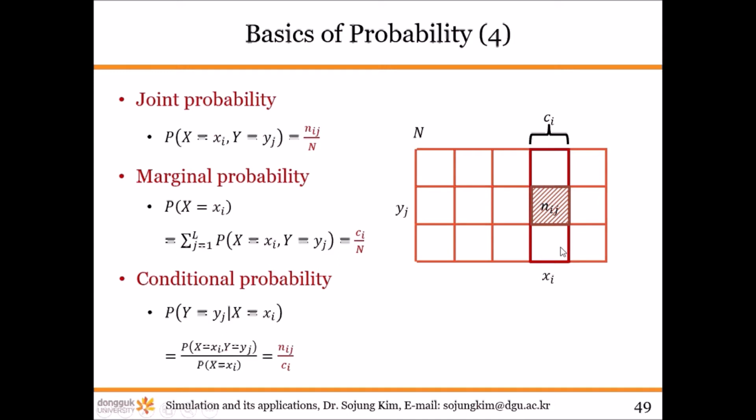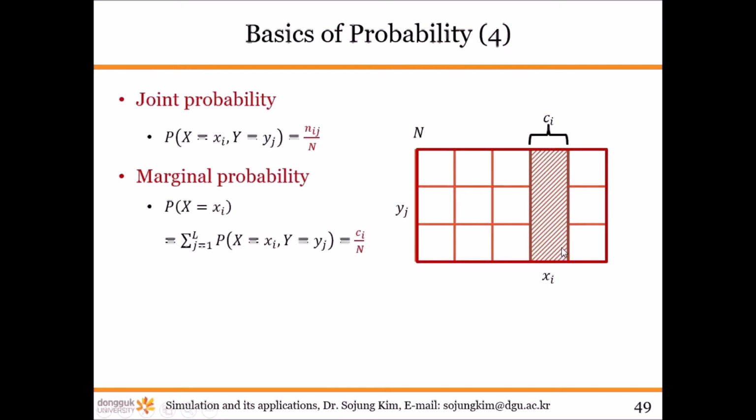So in order to get the marginal probability, basically you have to consider this entire area, in other words ci, okay? So if you divide this value ci by n, you can get the marginal probability, in other words the probability when x equals xi.